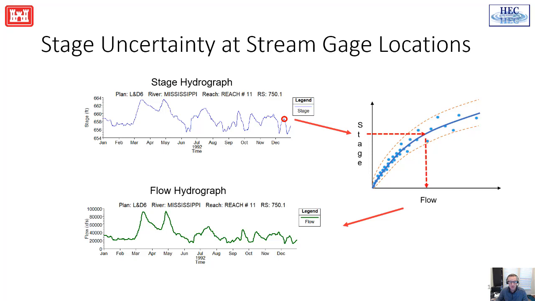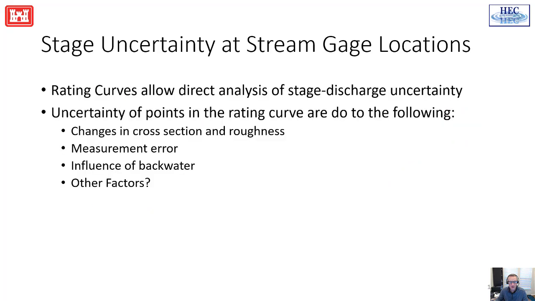However, associated with that stage is quite a bit of uncertainty about what the flow should actually be, as we can see by the light red bars in the graph. That uncertainty in our rating curve we can try and capture.